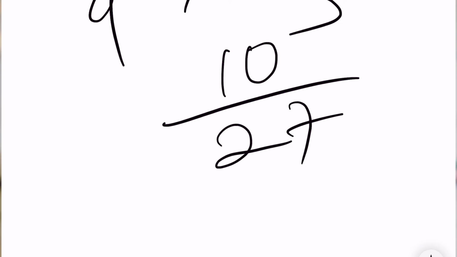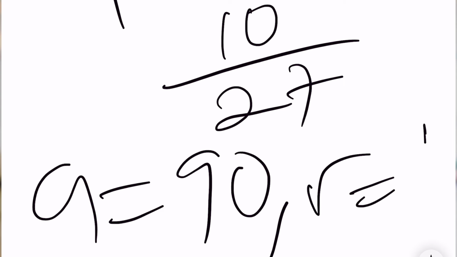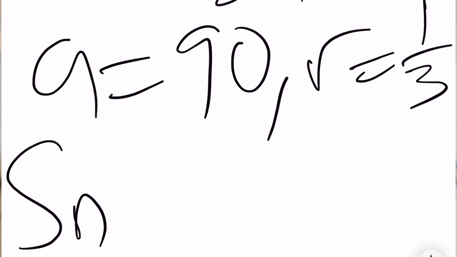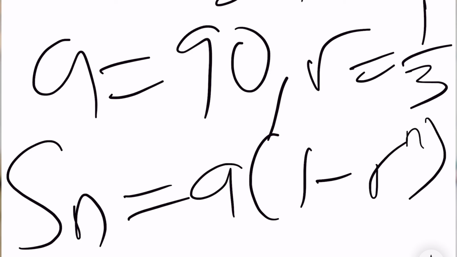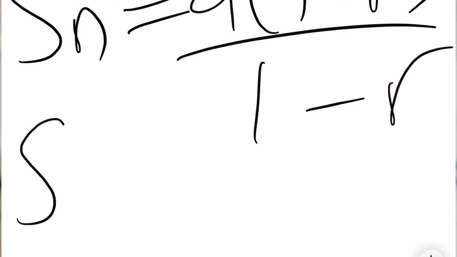Now, to find the summation of the 6 terms, we have our a to be 90 and our r to be 1 over 3. So we use Sn equals a into bracket 1 minus r raised to power n over 1 minus r, with n equal to 6, since we are looking for the 6 terms.